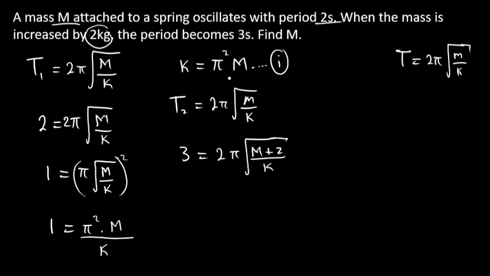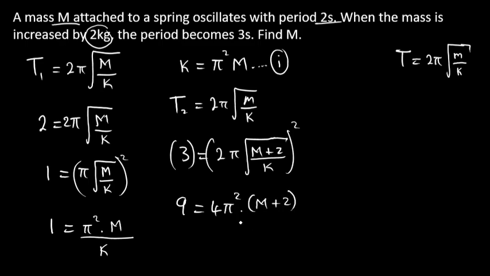It says find m. So since we have an expression for k, we'll just have to replace the value of k. To do that, first of all, let's simplify it further by squaring both sides here. So if I square both sides, I'll get 9 is equal to 4 pi squared multiplied by m plus 2, all over k.